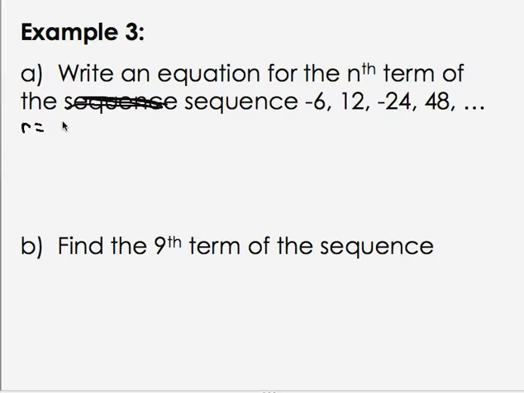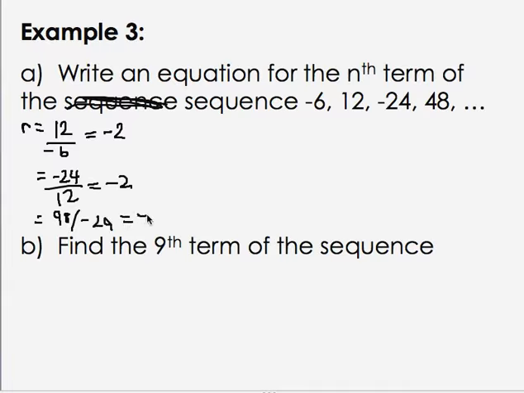We do that by making those divisions, which is what I showed you in the last problem. 12 divided by negative 6 is going to give us negative 2. Negative 24 divided by 12 is also going to give us negative 2. And, of course, 48 divided by negative 24 is going to give us negative 2 as well. Sorry, that's a bit messy. So we can see here that our common ratio, or r, is equal to negative 2.